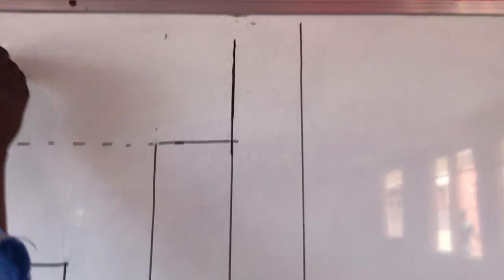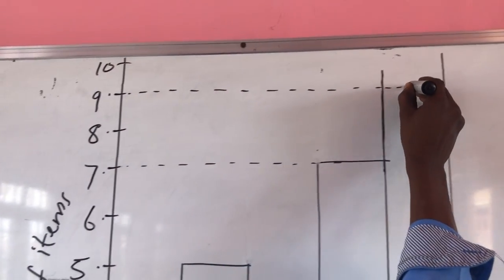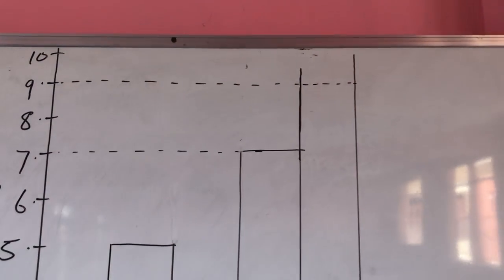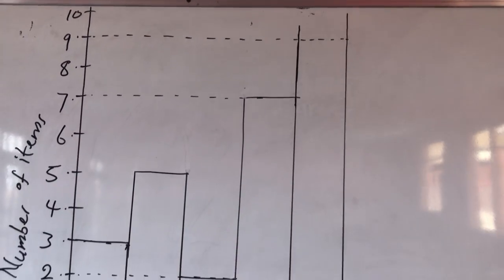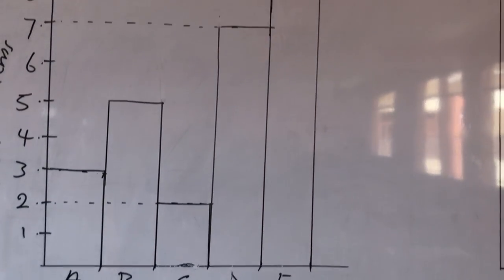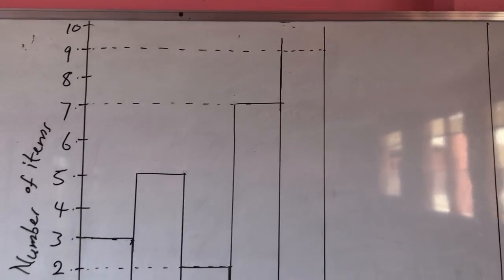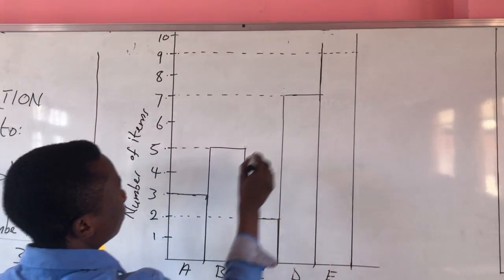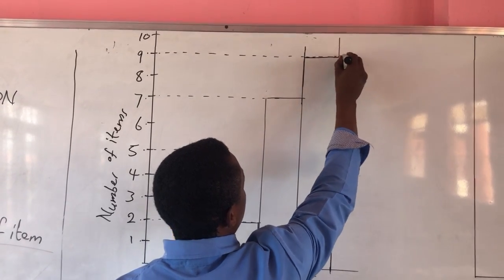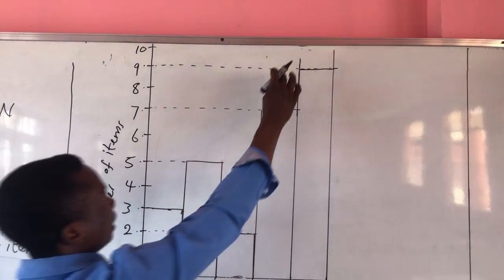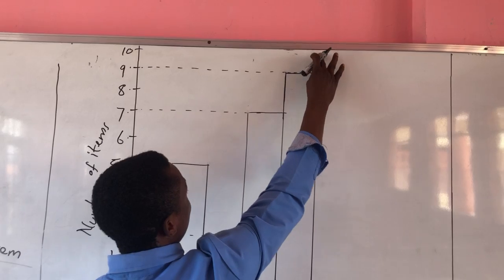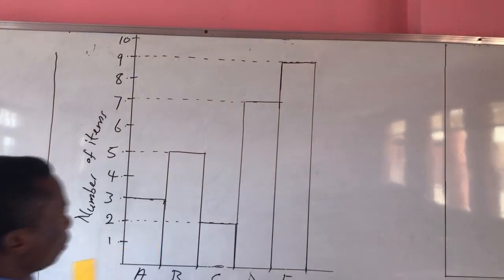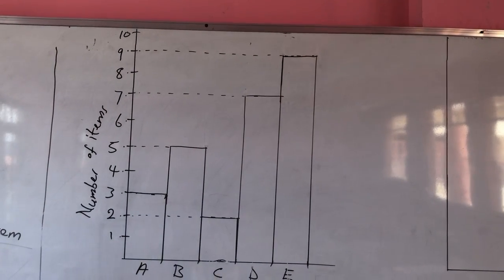Trace your 9. Look at it carefully. This is what? 9. So you clean the excess lines. You clean the excess line. Okay, this is what we are asked to do.